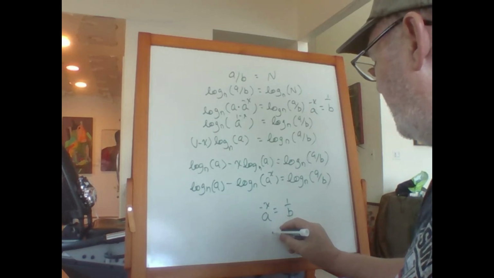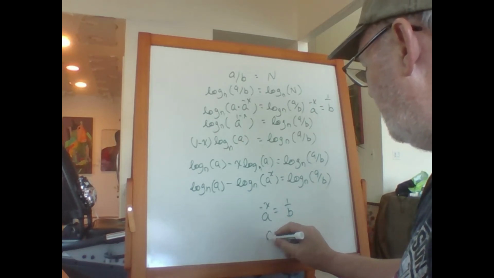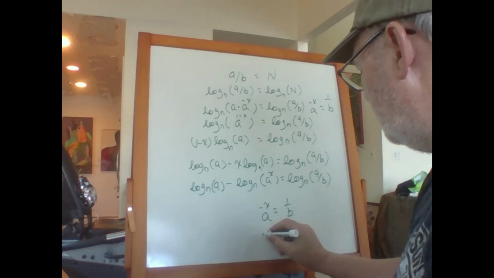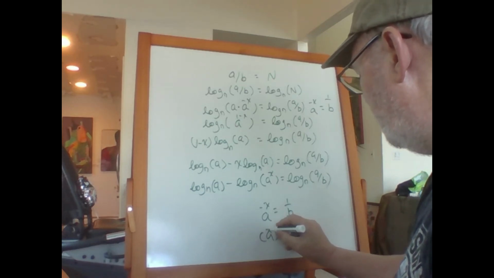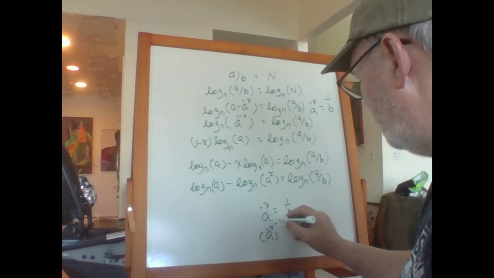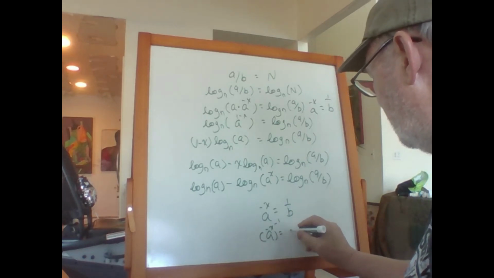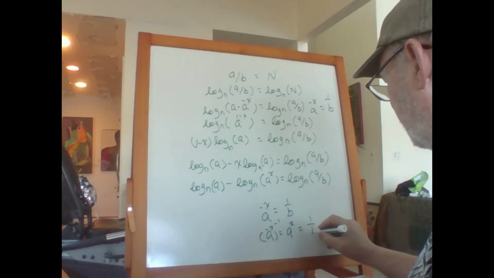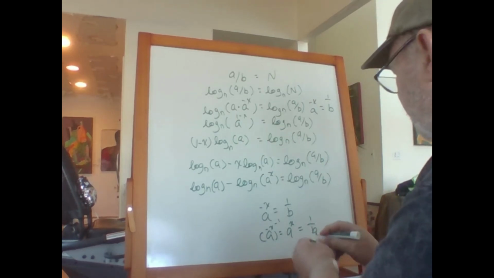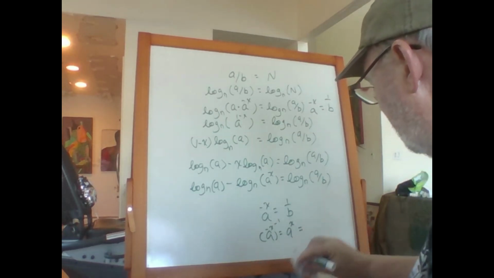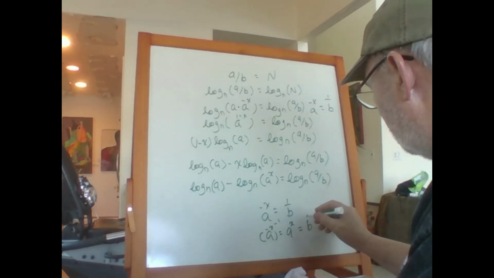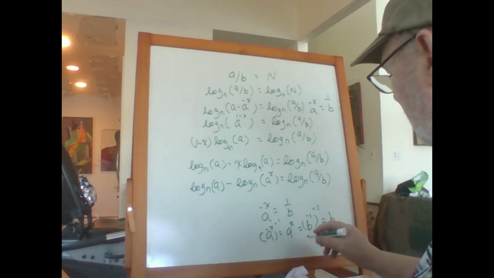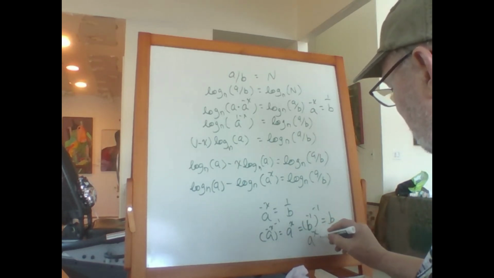So a to the minus x raised to the minus 1 is a to the x, and that is equal to 1 over b raised to the minus 1, or b to the minus 1 raised to the minus 1 equals b. So a to the x equals b.